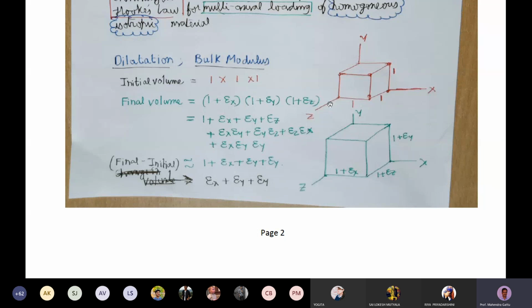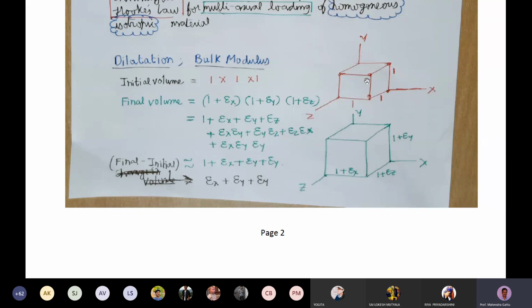For that case, if abc is the initial volume, the change in volume will be abc into epsilon x plus epsilon y plus epsilon z. What you do there is you will have a plus a epsilon x, b plus b epsilon y, c plus c epsilon z. So we can take the terms common and you'll get abc into 1 plus epsilon x plus epsilon y plus epsilon z, and here you will have abc initially. So if you subtract, you will get abc into epsilon x plus epsilon y plus epsilon z.